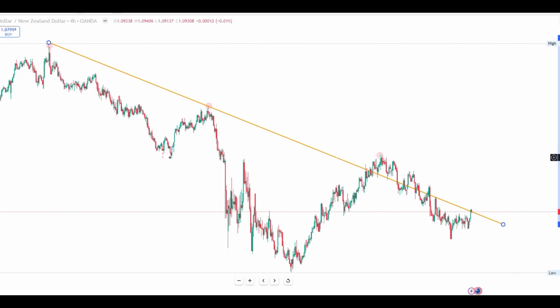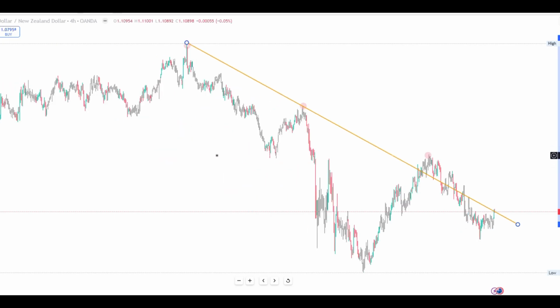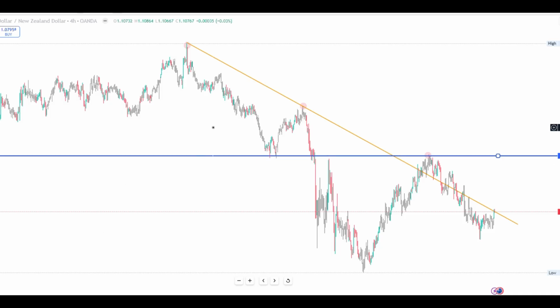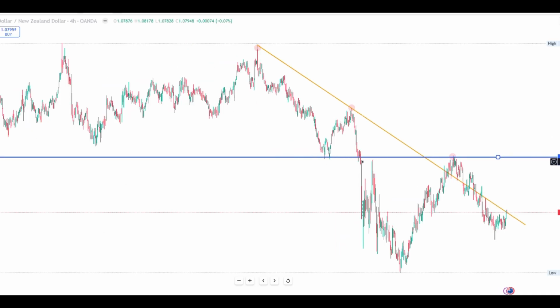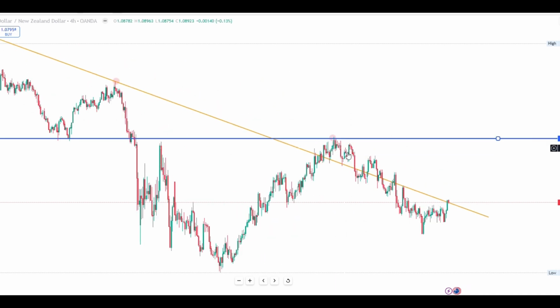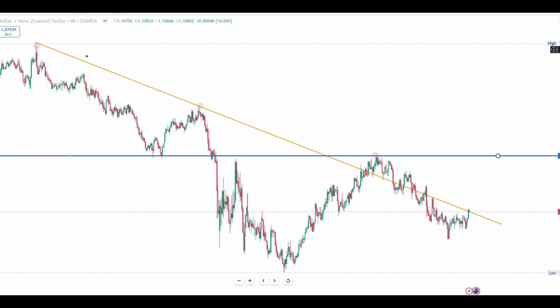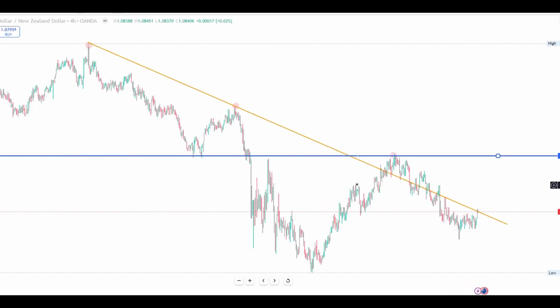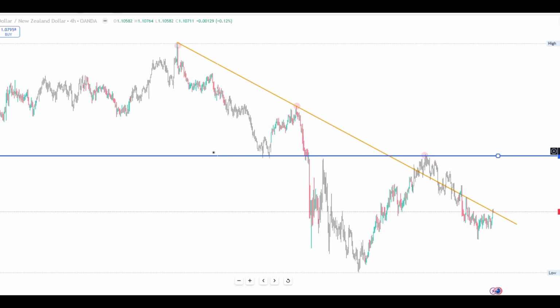So ideally we had a low here, price came back into this area, a strong area, and let me use my horizontal, it came back into this area here, and then it continued in the downtrend, right? So ideally, when you're looking at trend lines, I don't want you to be looking at trend lines in isolation, because you also have to pay attention to support and resistance levels, right?